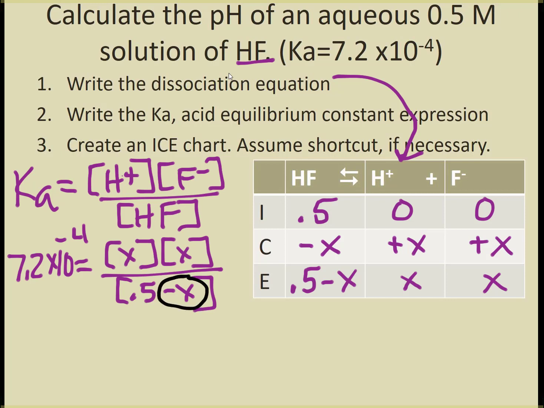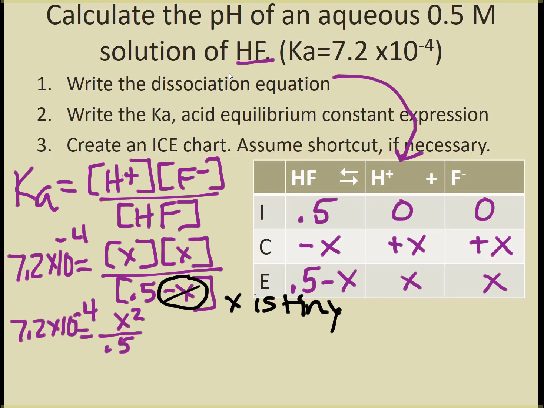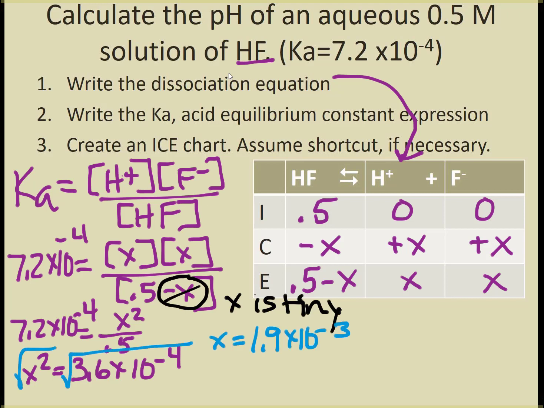We're going to say that X is tiny, so we're just going to get rid of it. So I'm just going to have X squared divided by 0.5. So simplifying this, I'm going to have X squared equal to 3.6 times 10 to the minus 4. And then I'm going to square root both of these. And my X is going to be equal to 1.9 times 10 to the minus 3.